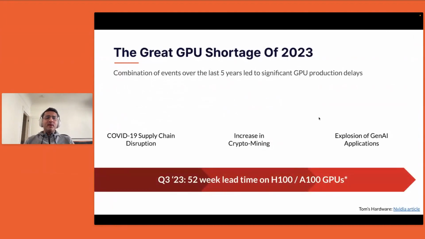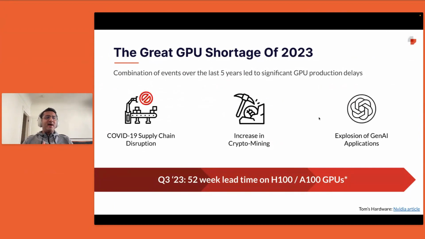If you've been keeping track of the market, since 2021 there's been a big surge in demand for GPUs all across the world for a variety of reasons. The first is that we had COVID-19, which led to general global supply chain disruptions.